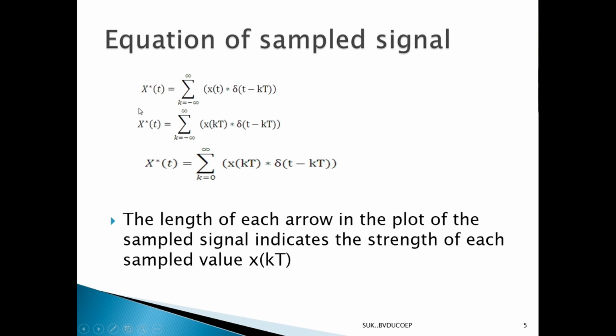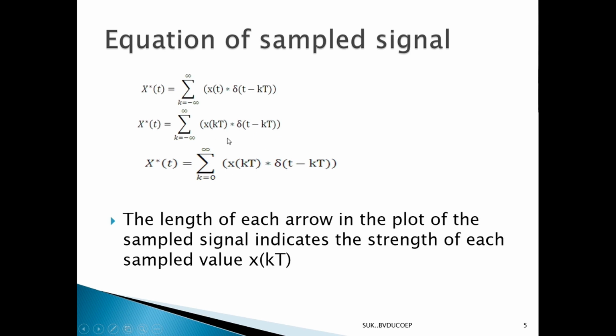So the equation is x star t is the summation of each signal x(t) multiplied by each impulse delta(t minus kT), from k equal to minus infinity to infinity. This can also be written as x(kT) delta(t minus kT).